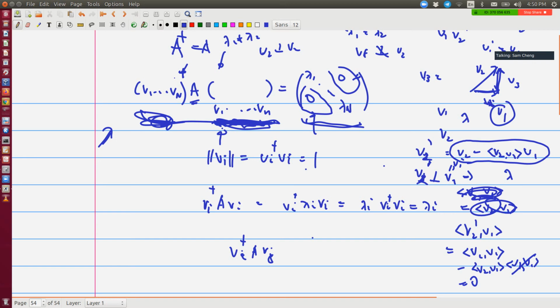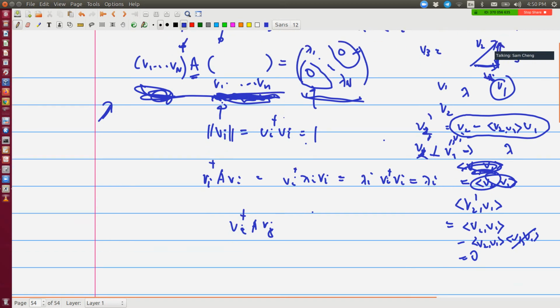That is the eigenvector matrix V1 until Vn. Let's call this big V. Big V Hermitian times big V will be just identity here.